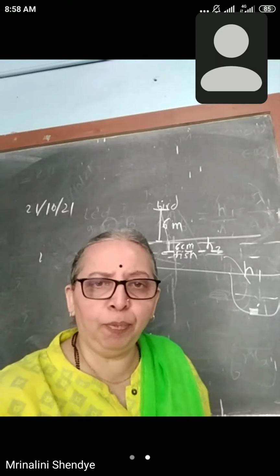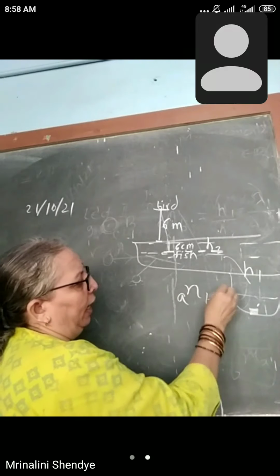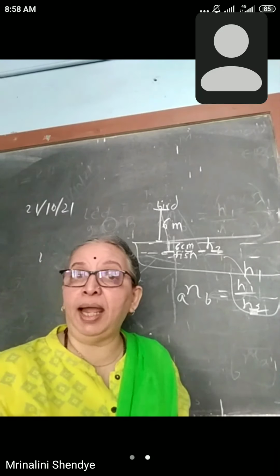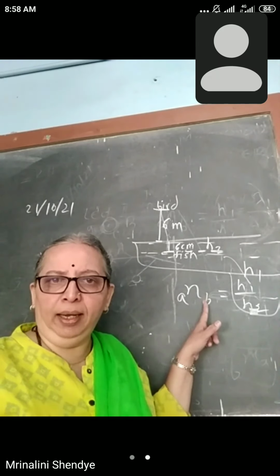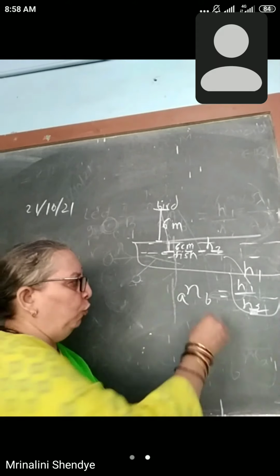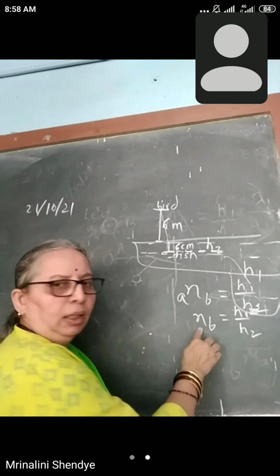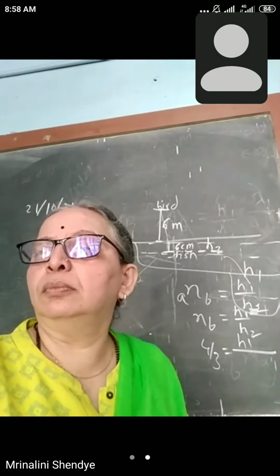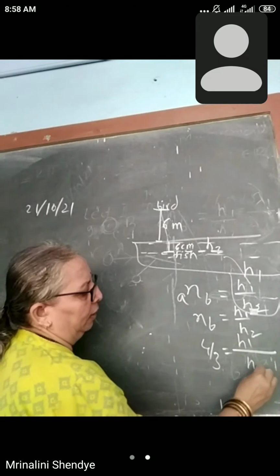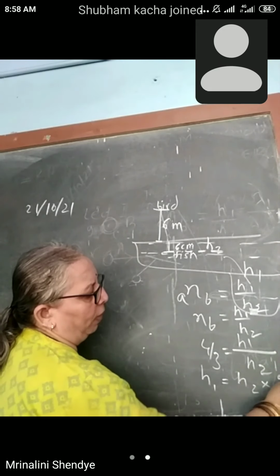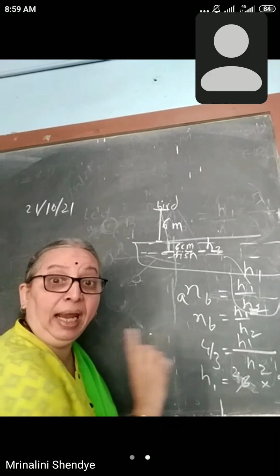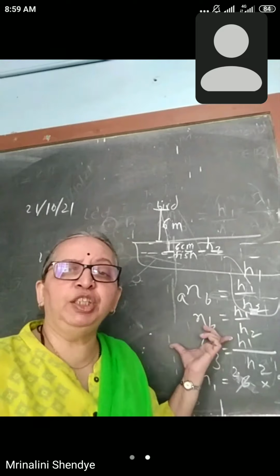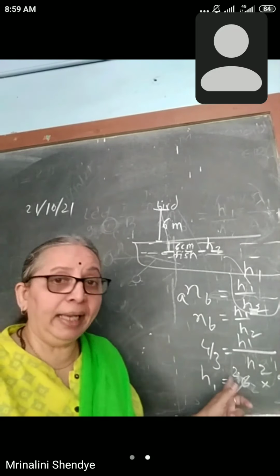Now what formula do we use? The refractive index of water with respect to air should be H1 upon H2. H2 given is 6 centimeter, the apparent height. The refractive index of water is given as 4/3, which means the absolute value is given, and light is initially traveling from air, so n_ba is replaced by only n_b, which equals H1 by H2. So 4/3 is equal to H1 upon H2. H1 will then be H2 into 4/3. So 6, 3 twos are 6 and 4 twos are 8. So initially the fish should be at 8 centimeter below the water.